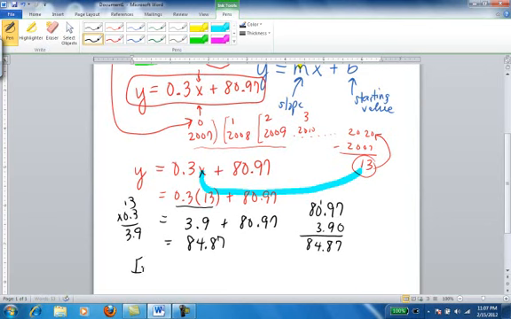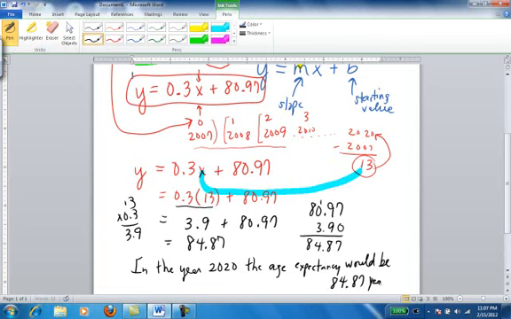So in summary, in the year 2020, the age expectancy would be 84.87 years for that female to live. Hopefully this helps you with this problem, and again, as always, get tutoring, help from another student, or contact me as instructor if you have additional questions.